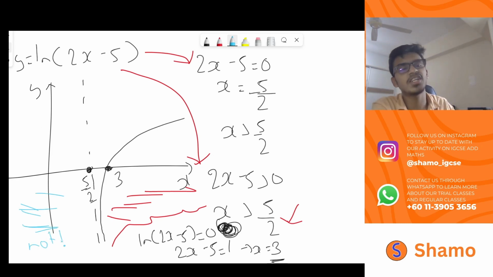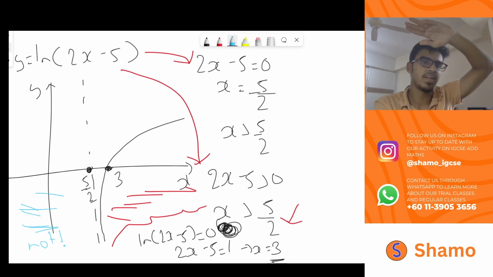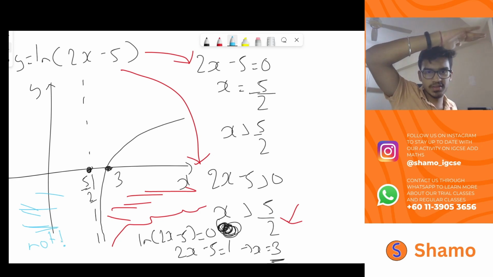Okay, and for exponential functions, it's always just going up, down, up, down. You have e to the power x, you have e to the power x plus 5. The asymptote goes 5 up, minus 2, 2 down. So for exponential functions, the asymptote goes like this.